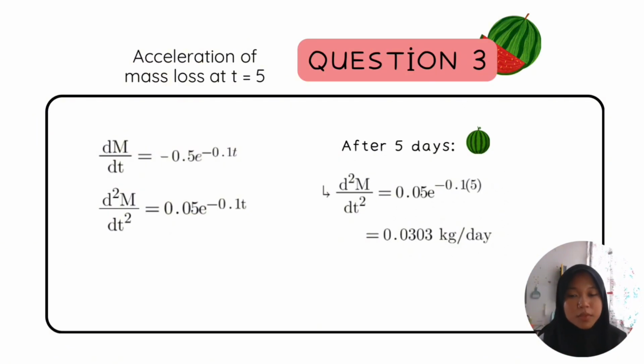Question number 3 is to find the acceleration of mass loss at t = 5. So we need to find the mass loss of the watermelon after 5 days.